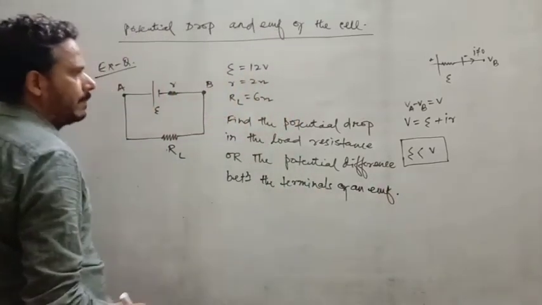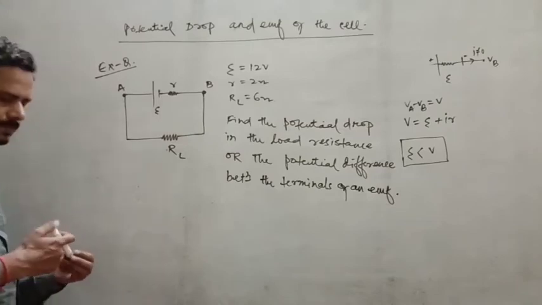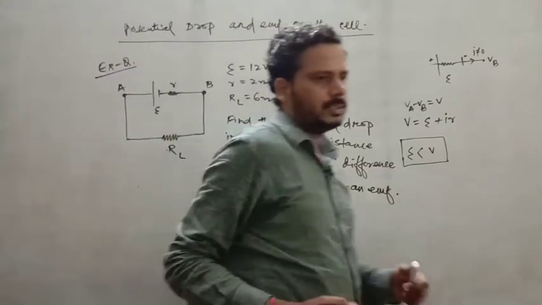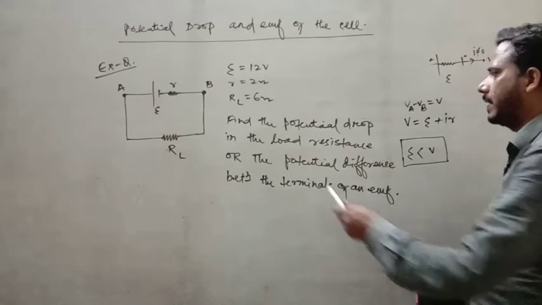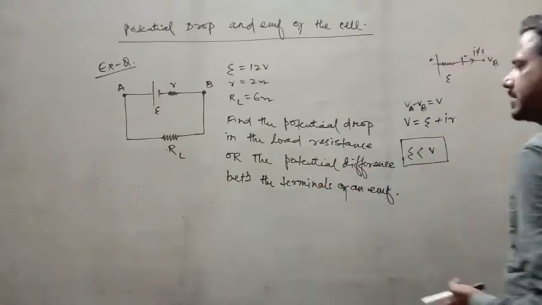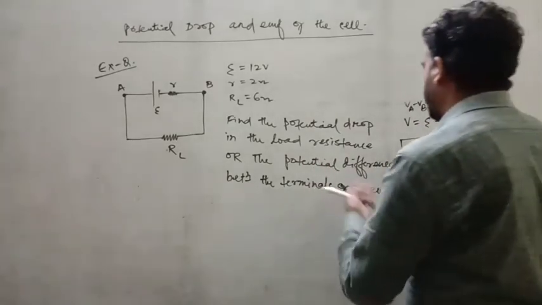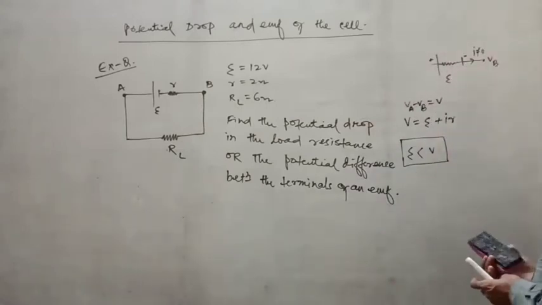So the question is written in two ways: find the potential drop in the load resistance or the potential difference between the terminals of an EMF.